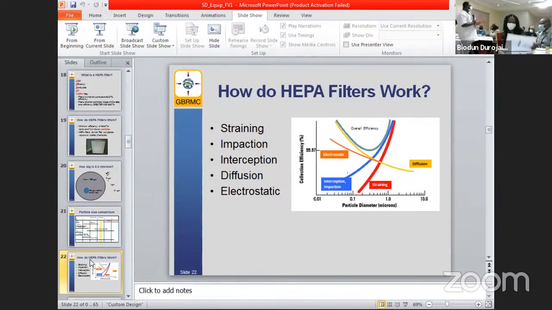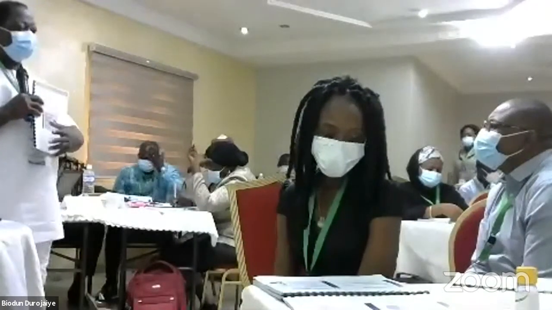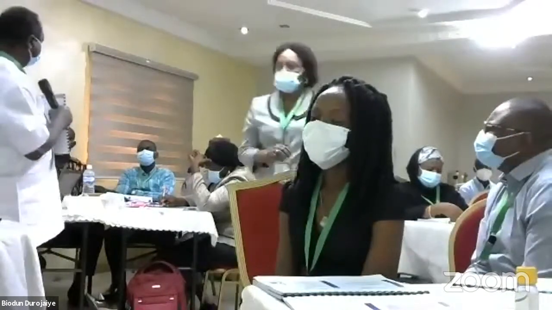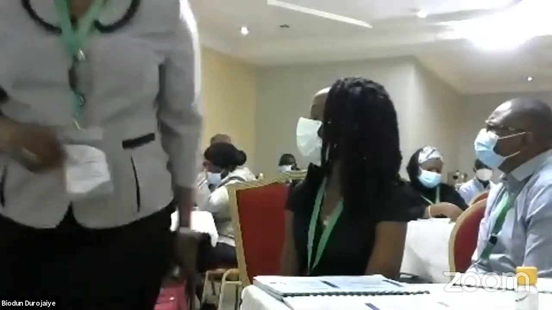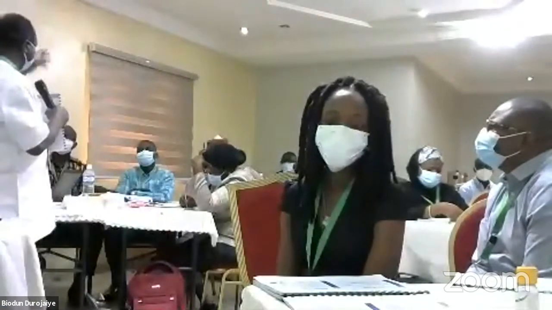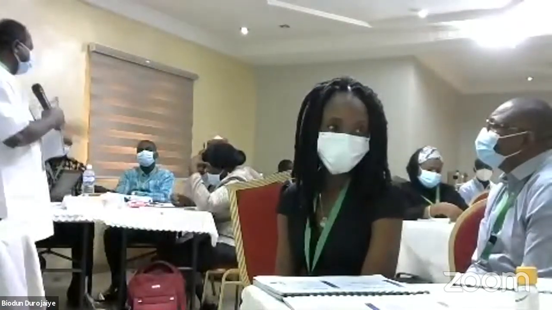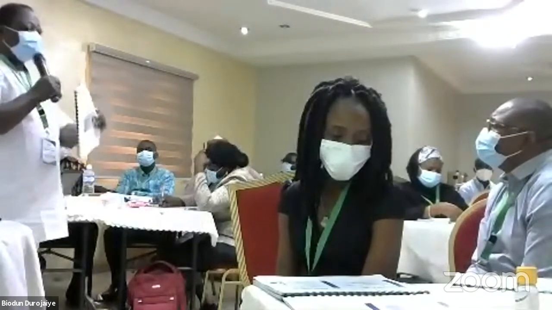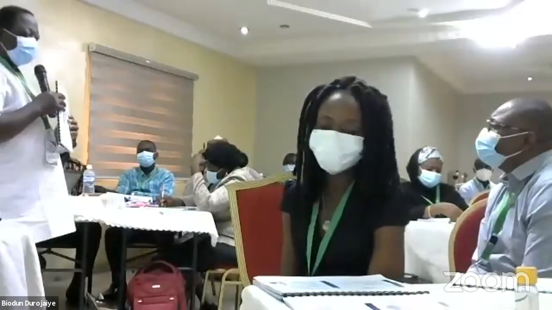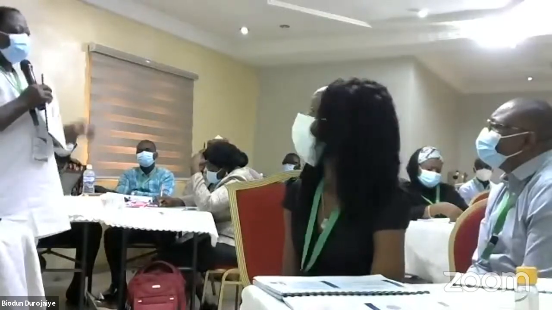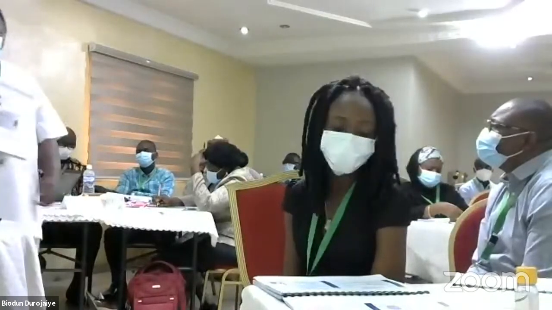You want to pass a canal by diffusion method. What is diffusion? That is also one of the processes by which HEPA filters work. It works by diffusion because the particulate matter that we are talking about is coming from an area where it is more concentrated and wants to pass through to an area that is less concentrated. So what it does is that it stops the diffusion process. Okay.